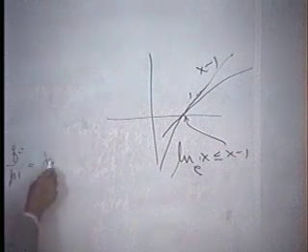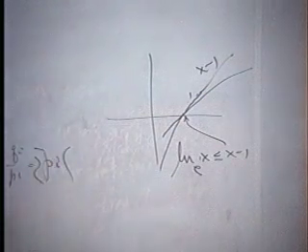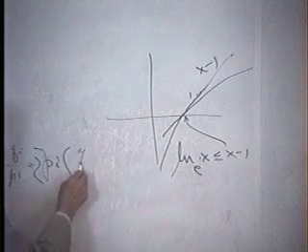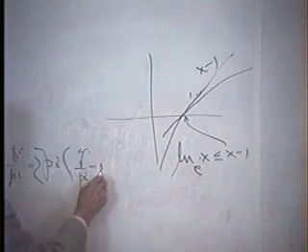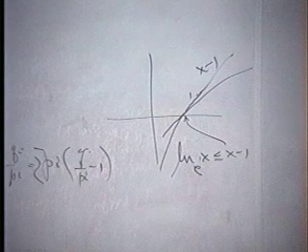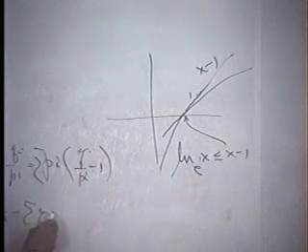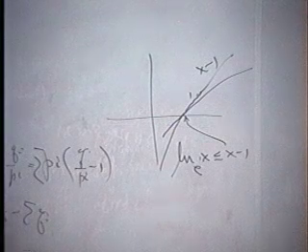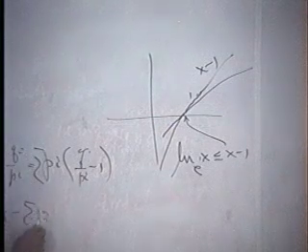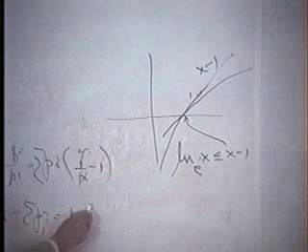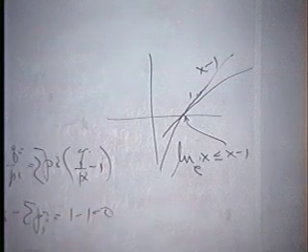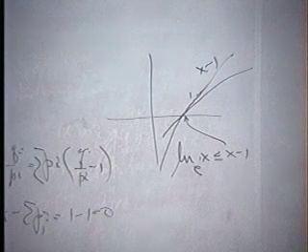I get Pi times x, which is Qi over Pi minus 1, and that's nothing else than summation Pi minus summation Qi, or sorry, Qi minus Pi. But that's 1 minus 1, which is 0. Therefore, this sum is less than or equal to 0, and the equality will happen only when the q's are equal to p's.